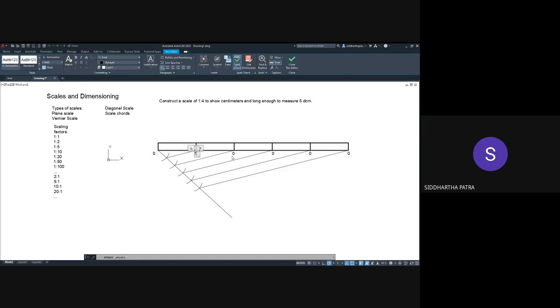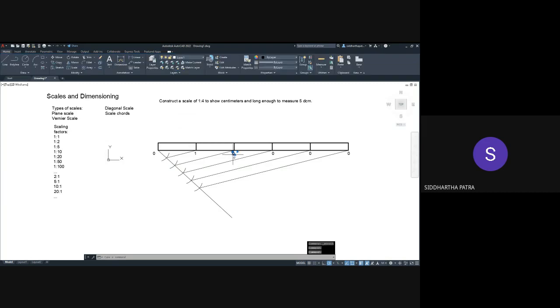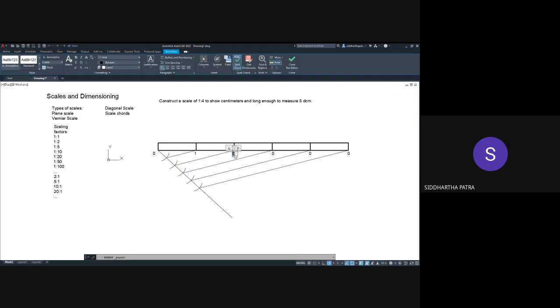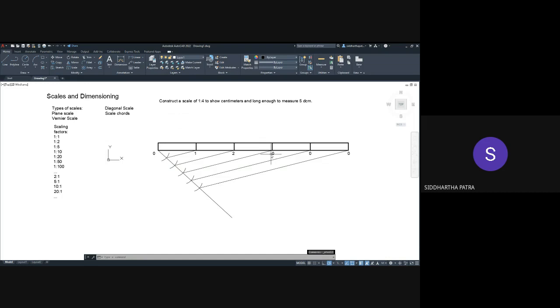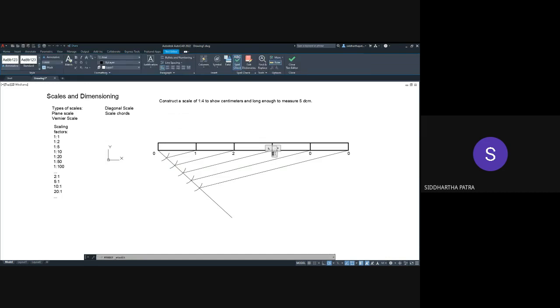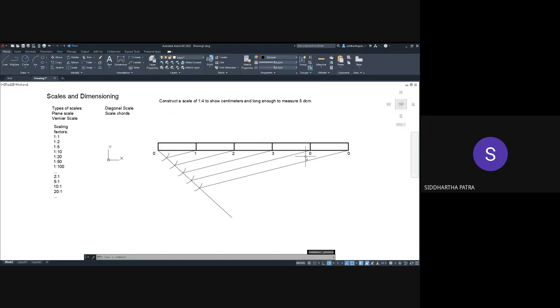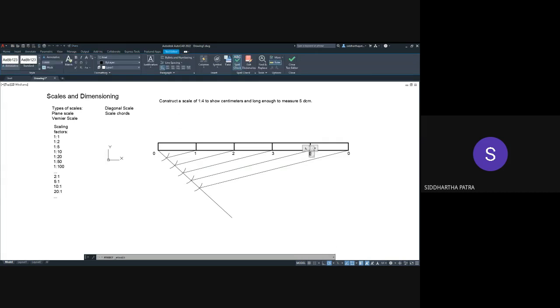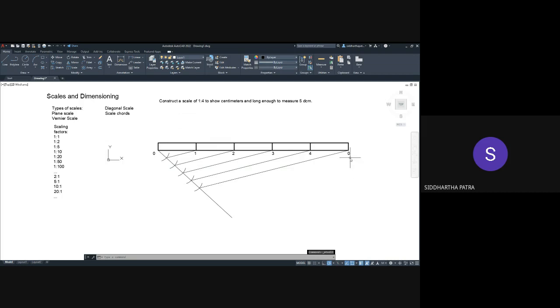Okay, so we would label this one as 1, this one as 2, this one as 3, this one as, acha, okay, 4. Okay, yeah, I made a mistake.